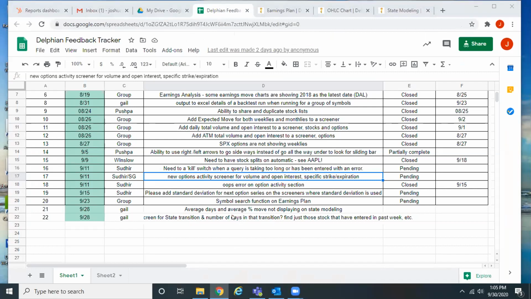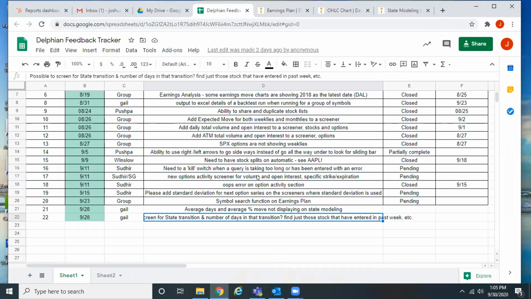And what is this one? Screen for state transition. Yeah, you know how Shawn gave us that whole script. It would be good to know that something entered a state 2 transition and how many days it's been in it.